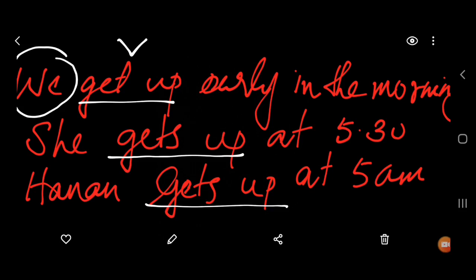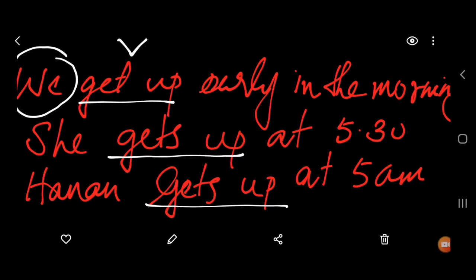Okay, is it singular or plural? What do you mean by singular? Singular means single, one. What about plural? More than one. Plural means more than one. Singular means single, right? Now here we means ഞങ്ങൾ.